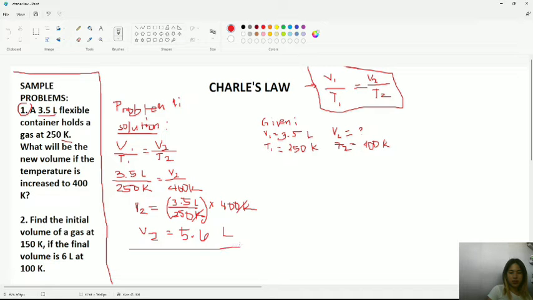So, now we have the final volume, and all we need to do is create a table that states the changes in volume and temperature.